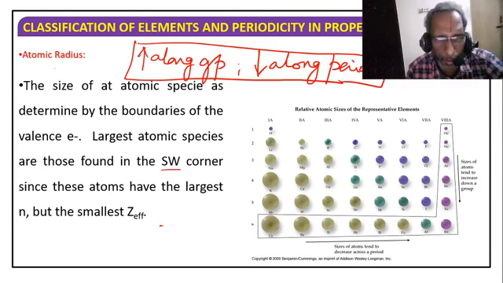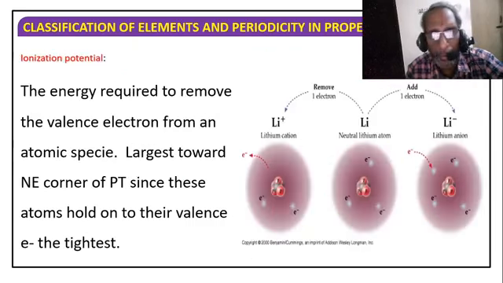In a question, they will give four properties in the left column and the trends in the right column, such as increases, decreases, neither increases nor decreases, and you have to match them properly. So along the group, radius increases; along the period, radius decreases.